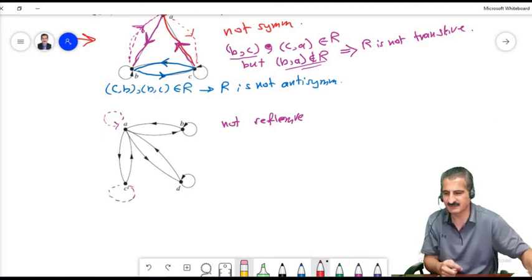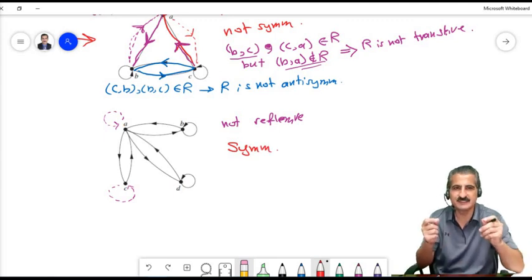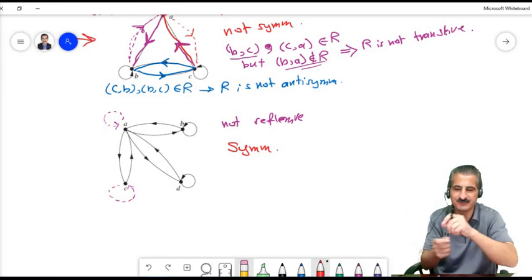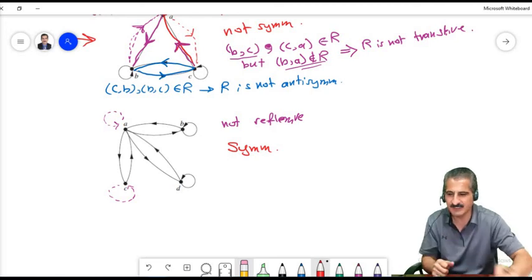Is it symmetric? Yes, Mawadda, it is symmetric. Because every two vertices have edges in both directions. No, sorry.